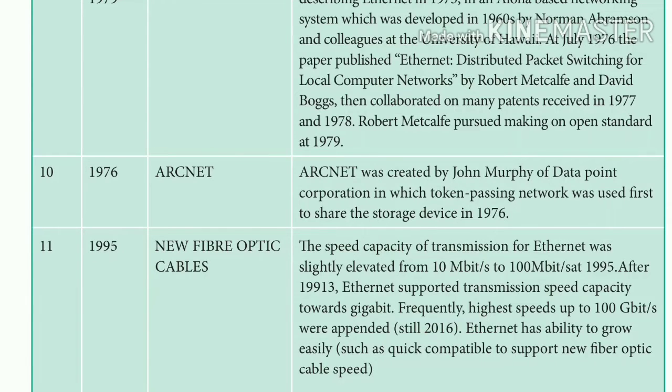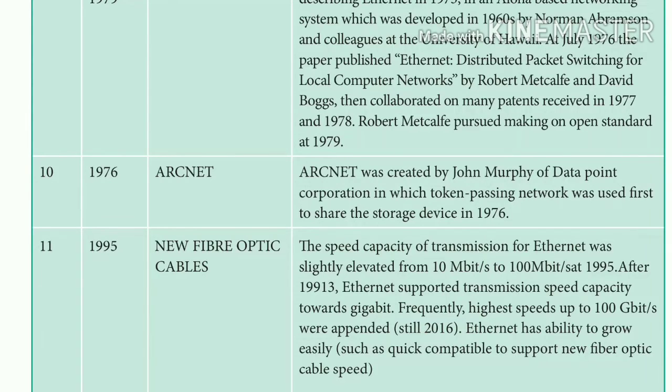So this fiber optics cable has an immense amount of speed, since it uses light to transmit data. So the speed capacity of transmission from Ethernet was slightly elevated from 10 Mbps to 100 Mbps in 1995.